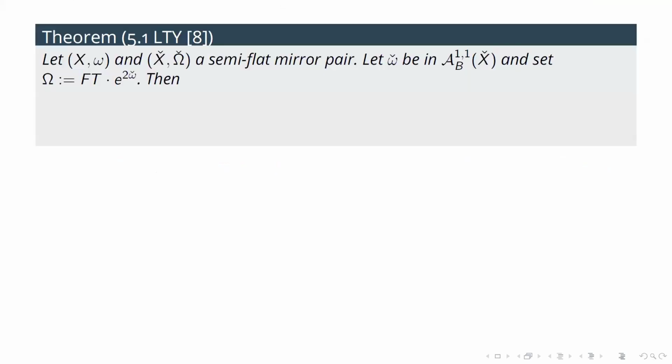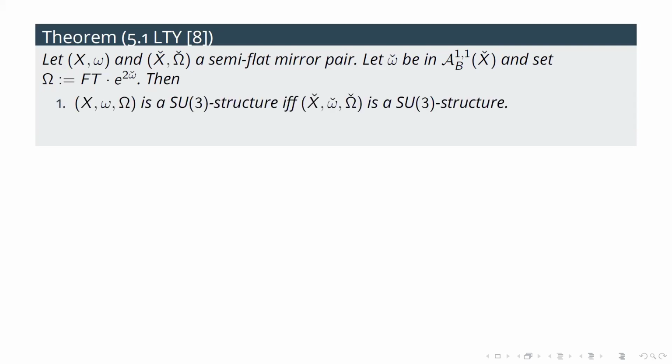The other fundamental result is this: when you have a semi-flat mirror pair and we choose a (1,1)-form on the complex side and we map it via Fourier transform to the other side and call it big omega, then the triple X, omega, big omega is an SU3 structure if and only if the other triple X check, omega check, big omega check is an SU3 structure.